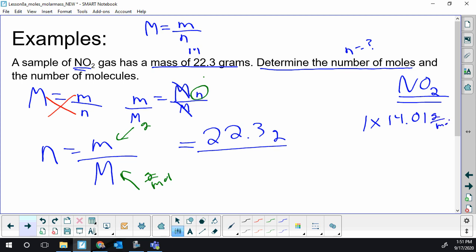A little over 14 grams for every mole of nitrogen. And then I got 2 oxygen at 16.00 each. I've got to add those 3 pieces up, the 1 N and the 2 O's. And that comes to 46.01 grams of NO2. I said that backwards. NO2, 46 grams of NO2 per mole of NO2.